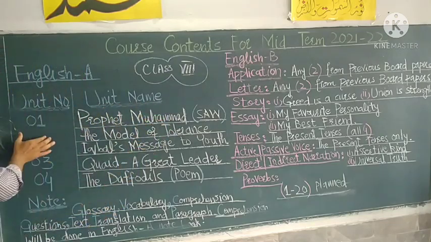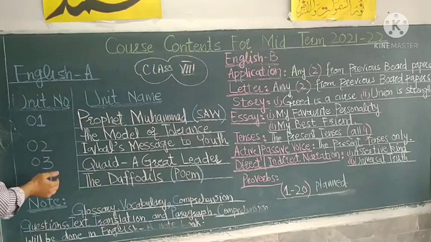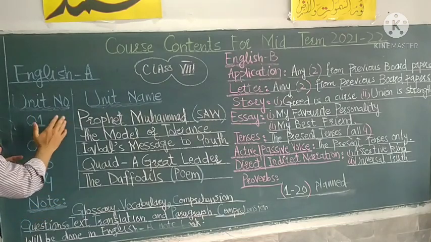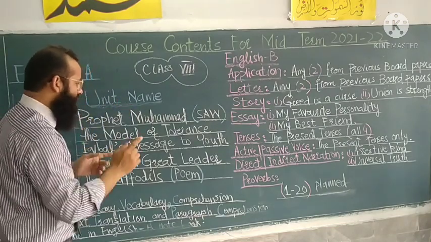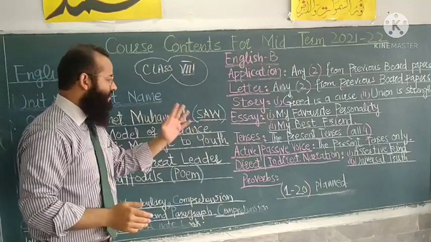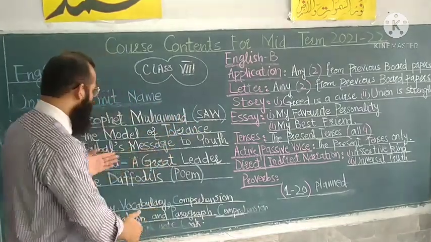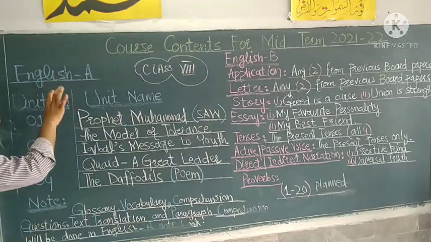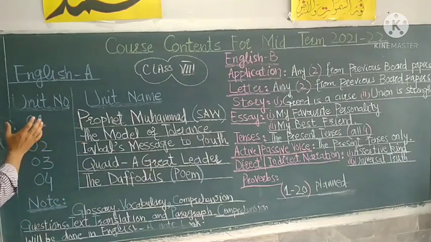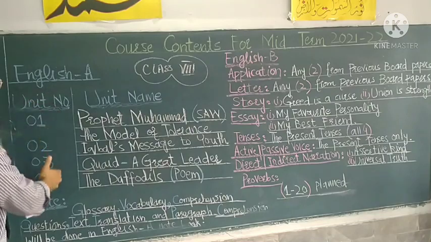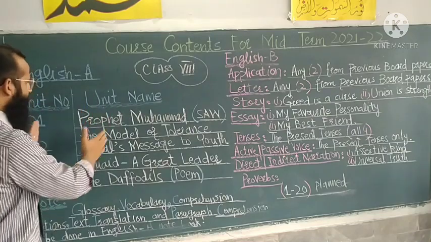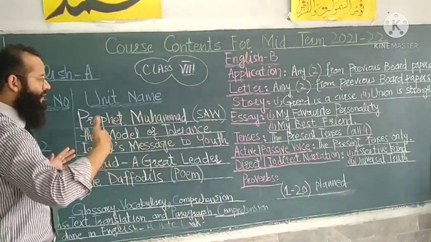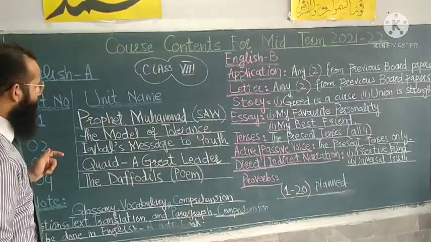So we will discuss 4 units: unit 1, 2, 3, and 4. What is unit number 1? Prophet Muhammad sallallahu alaihi wasallam, the model of tolerance. You have to draw one line and choose a big place for unit number, and a big place for unit name.